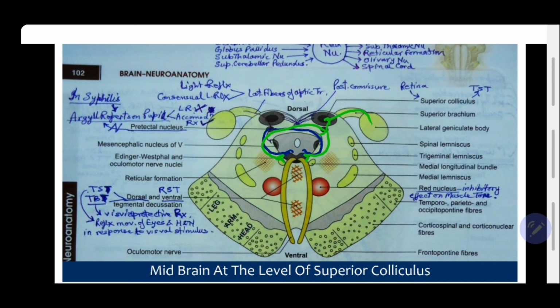That is how the rubrospinal tract controls the tone of the muscles.